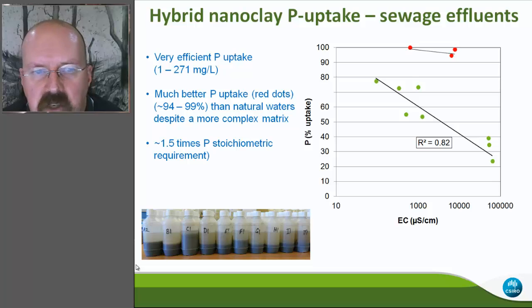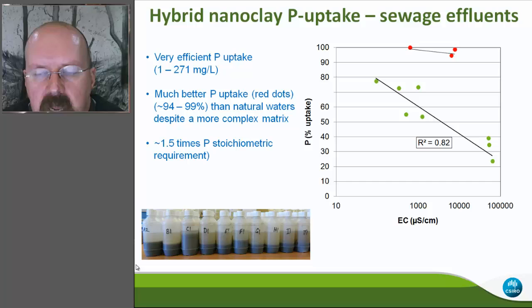So what I've got plotted here on the right-hand diagram were the water removal rates, but then you can see in red the removal rates from sewage effluent, and actually quite surprisingly we get generally between 94 and 99% uptake from a really, really complex high phosphorus environment that is a sewage effluent.